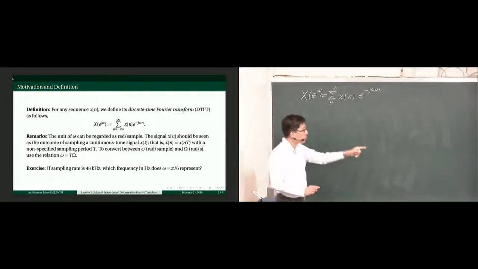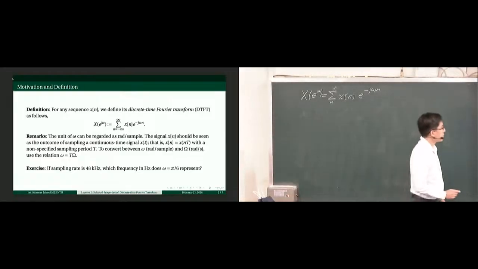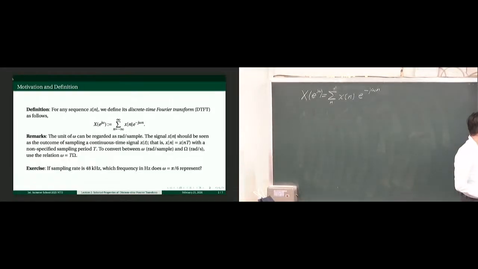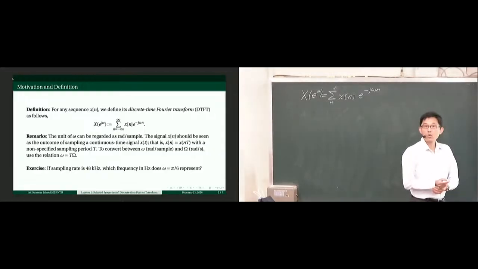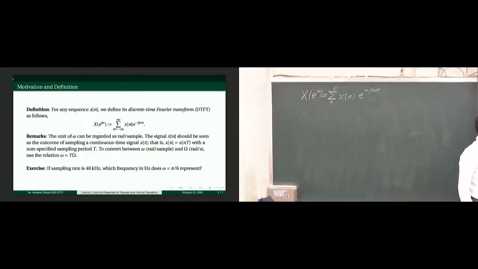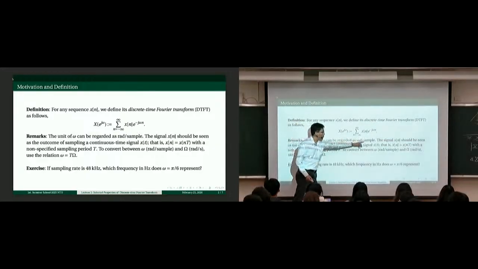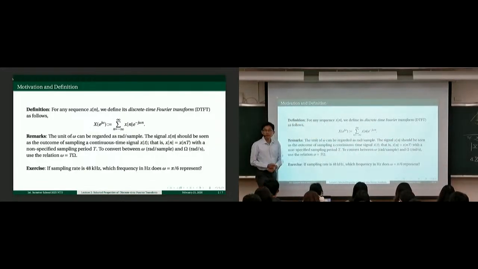So let me read the remarks first, okay? Now there is a question regarding the unit. The omega, small omega right here in this textbook, has a unit which I recommend you think of as radian per sample. Why?